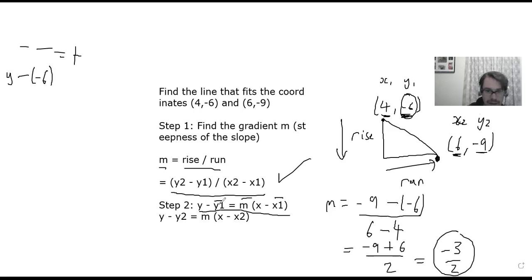That's the y minus y1 equals m, which we found before, minus 3 on 2. Now this part, x minus x1 in brackets. X minus, what's x1? X1 is 4 here.